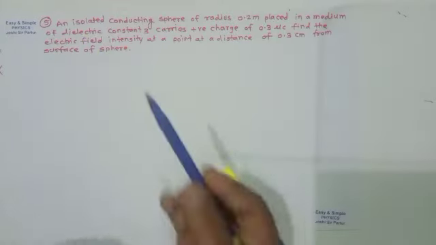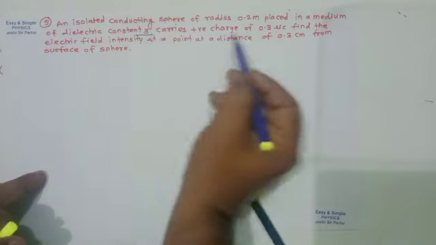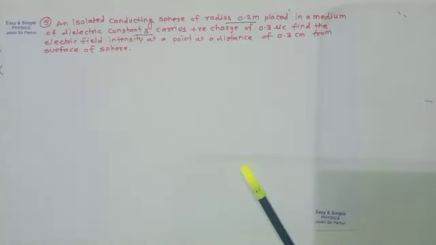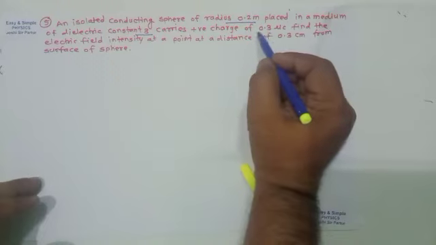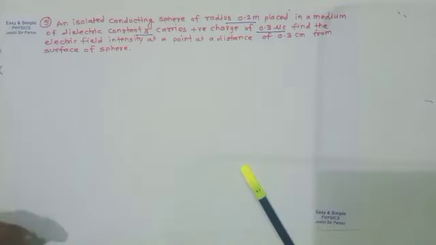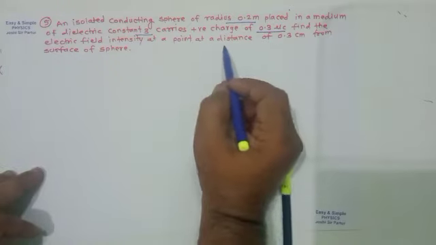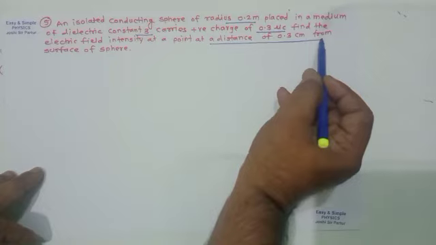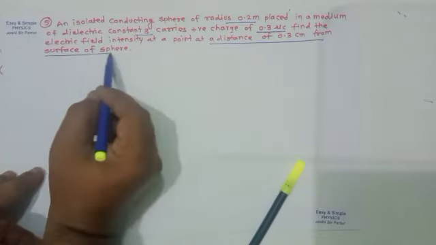See here, the dielectric constant is 3 and the radius of the sphere is 0.2 meter. It carries a positive charge 0.3 microcoulomb. Find the electric field intensity at a point at a distance of 0.3 meter from the surface of the sphere.